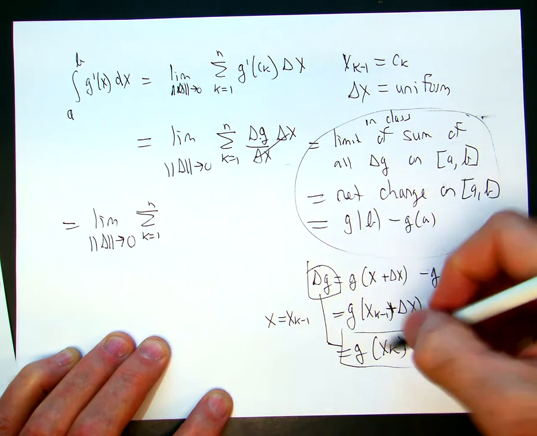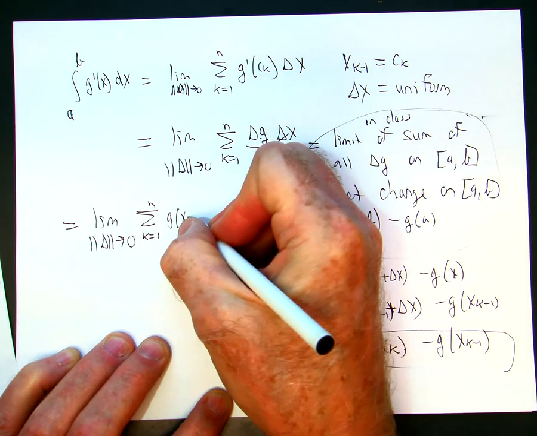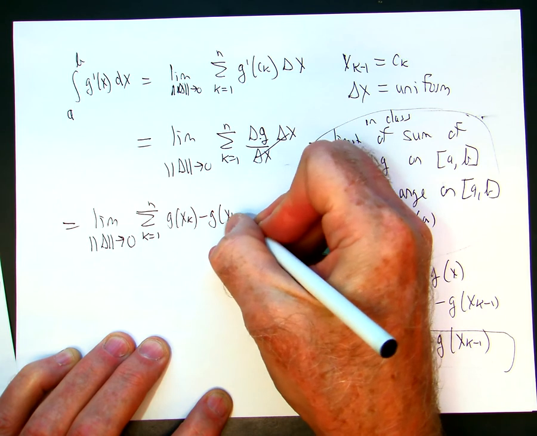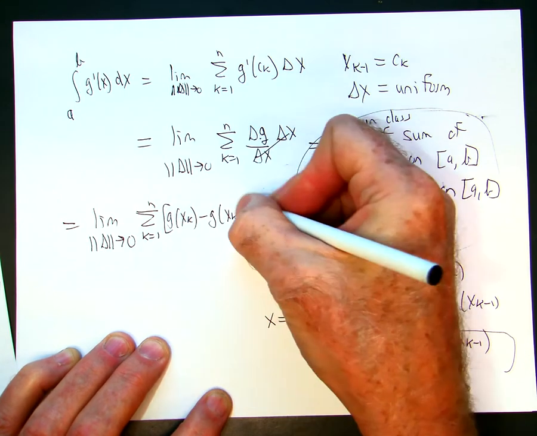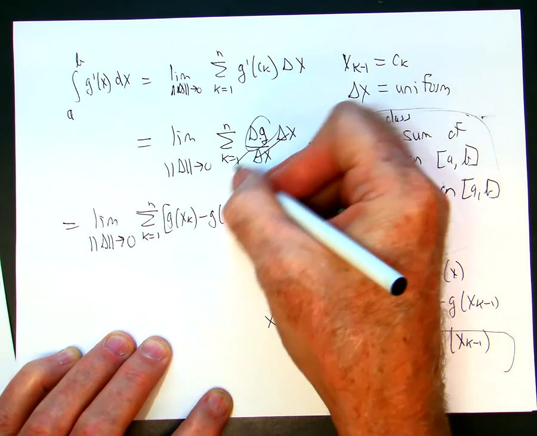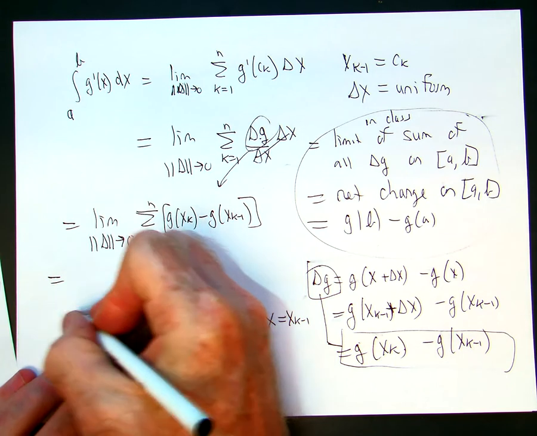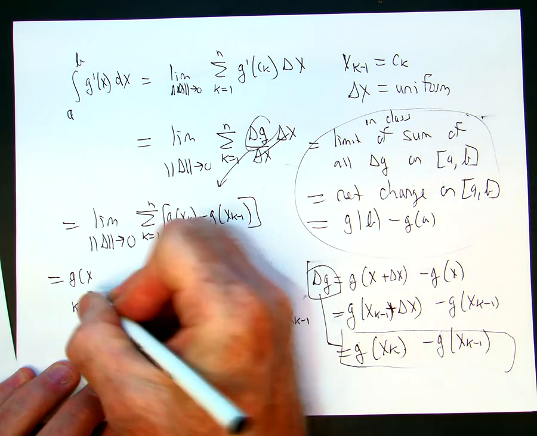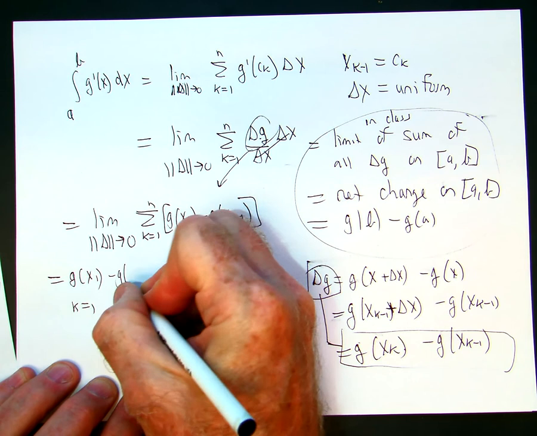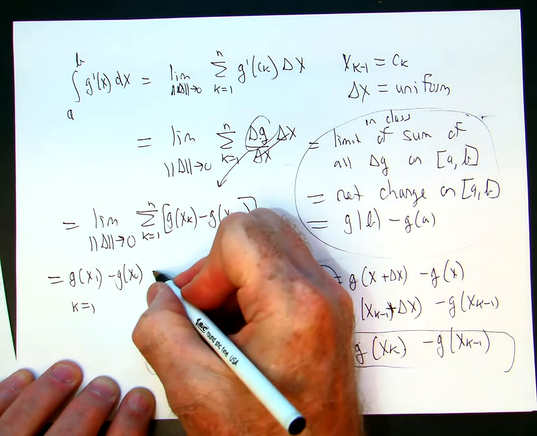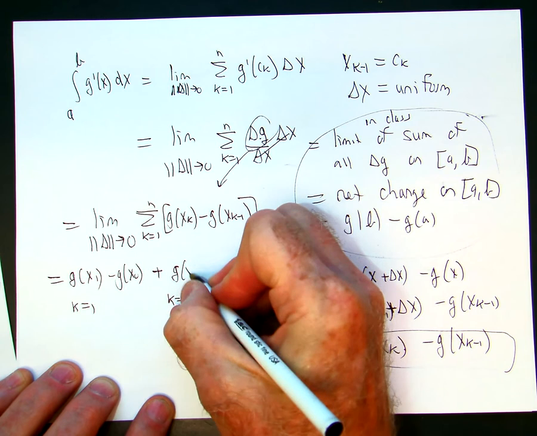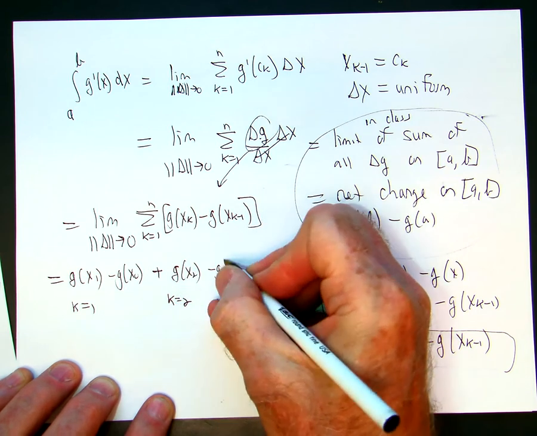Delta G is equal to this. That's my delta G. So what do I get? When k is equal to 1, I get g of x1 minus g of x0. When k is equal to 2, I get g of x2 minus g of x1.